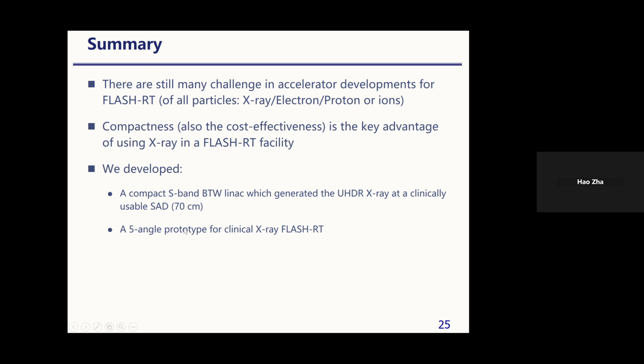And we also built a 5-angle prototype machine for clinical X-ray flash radiotherapy, which we've already built and tested. So we are continuing to improve the system, and we hope this work will contribute to making flash radiotherapy available for clinical use as soon as we can. So that's all. Thank you for your attention.